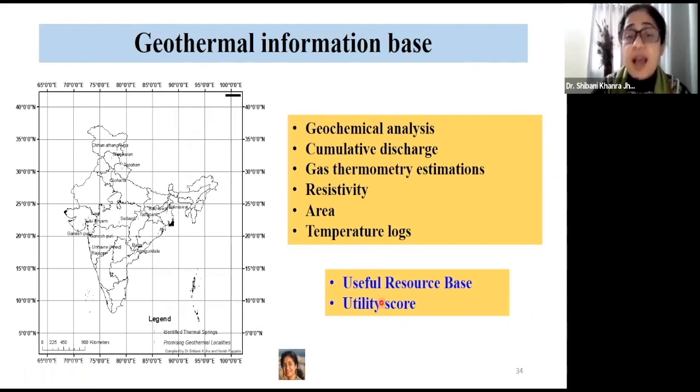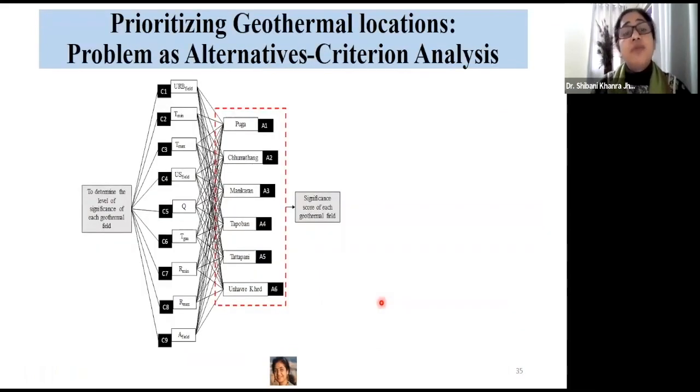And finally we could frame this particular problem in terms of selecting these six geothermal locations as our study locations, which again can be considered as different alternatives, like Puga, Chumatang, Manikaran, Tapoban, Tatapani, spread over different parts of our country, which has been indicated by alternatives A1, A2 until A6, six alternatives.